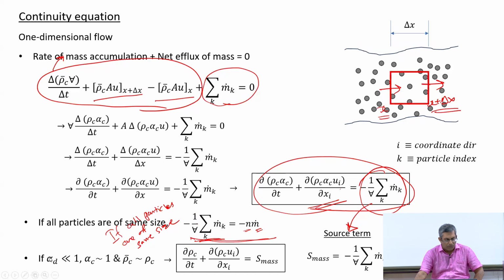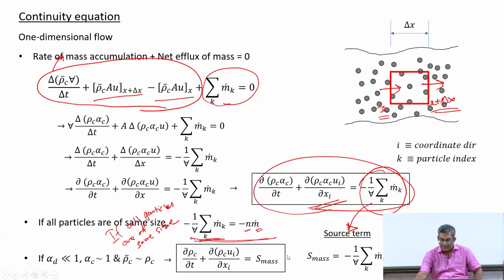Okay. So, now if we consider another case where we have basically low volume fraction, then alpha c tends to 1 and the bulk density is basically equal to the carrier phase density. So, we can incorporate that and you see what do we get.